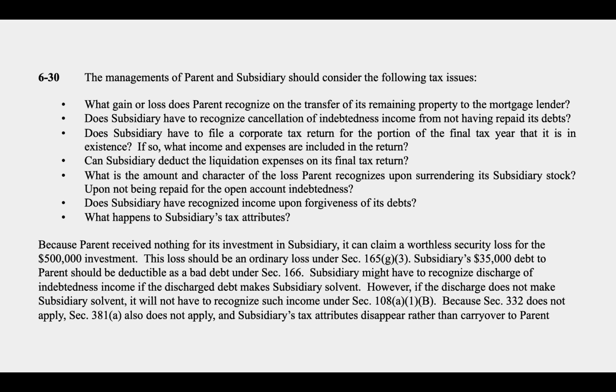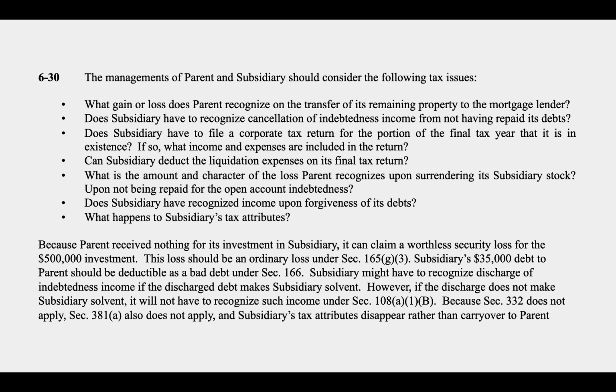All right, so remember we talked about 1244 stock, and then we also talked about Section 165 and how it provides that if a parent has shares in a subsidiary and they become worthless, Section 165 allows that parent to treat the shares in the investment in the worthless subsidiary as an ordinary loss. All right, so that whole $500,000 can be an ordinary loss.